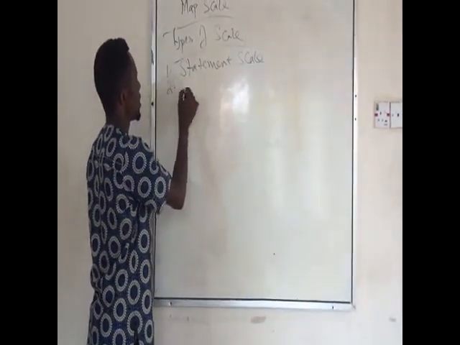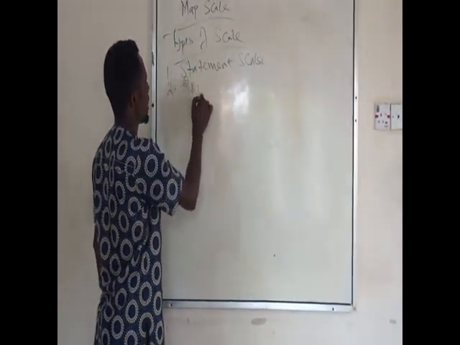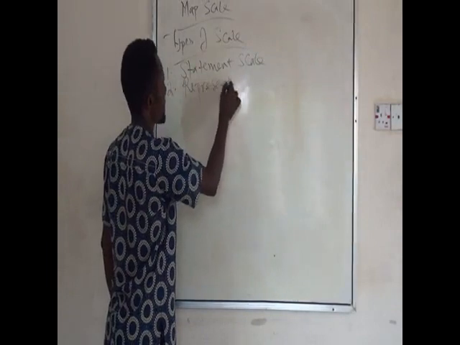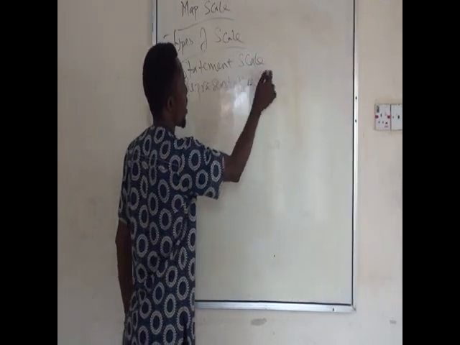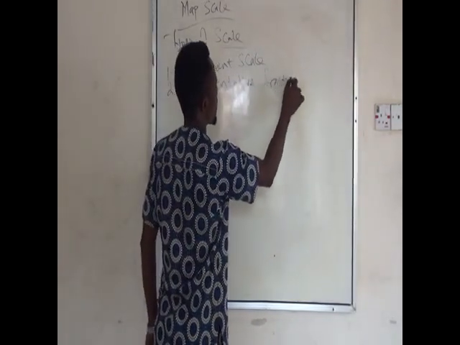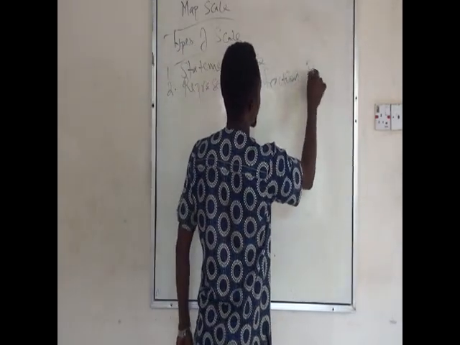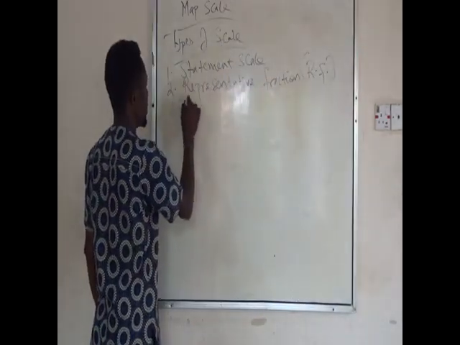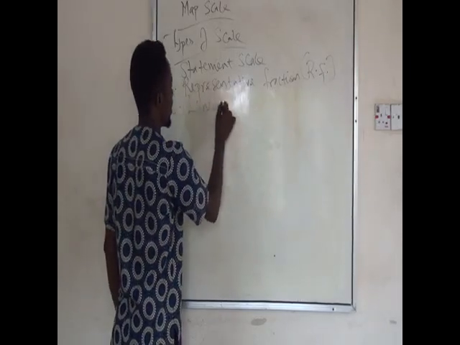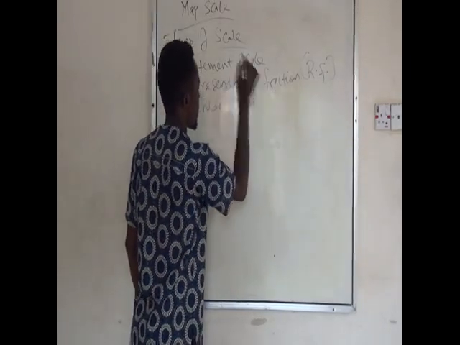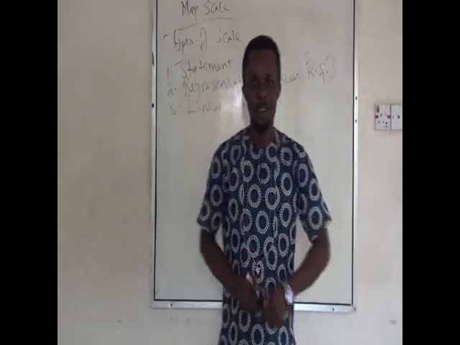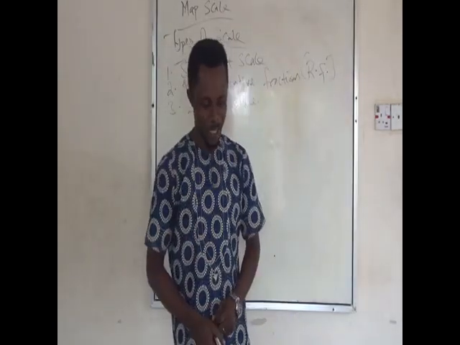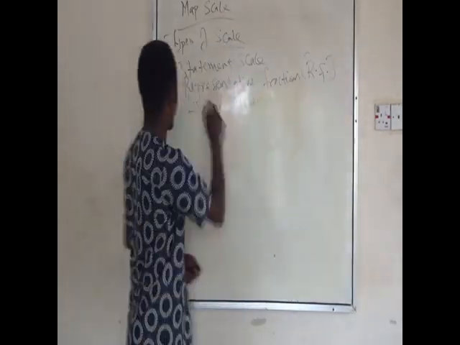Number 2 is representative fraction, otherwise known as RF. And number 3 is linear scale. We are going to take them one by one. We take the first one, statement scale.